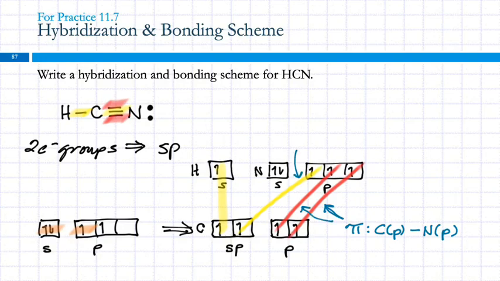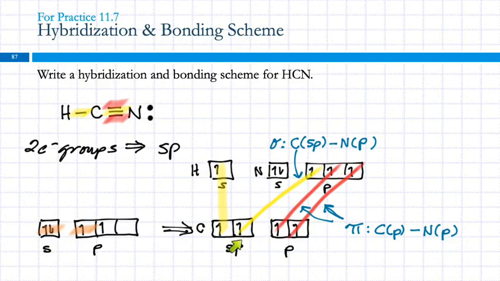This bond, what kind of a bond is that? Sigma. And it's between carbon and nitrogen. And what orbital on carbon? sp. And on the nitrogen? The p orbital. Right? So this is my nitrogen.